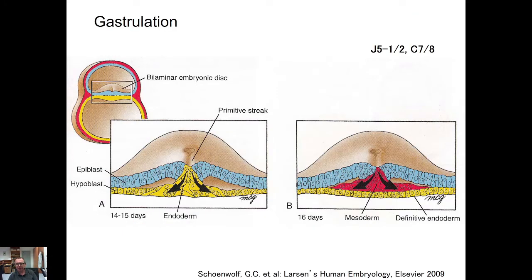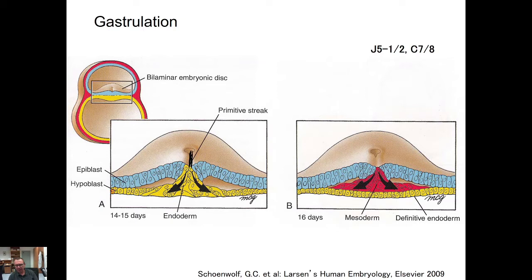This is the situation at the end of the 15th day, let's say. Primitive streak with a groove in its center. And what is here? Cells are invaginating and migrating, and they are migrating down to the hypoblast layer.